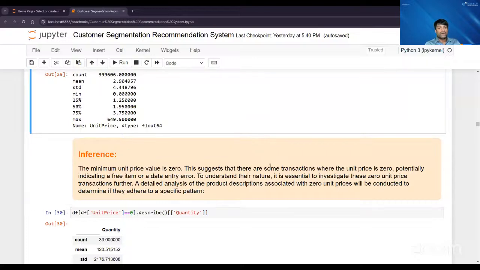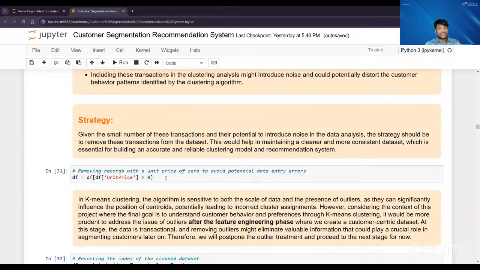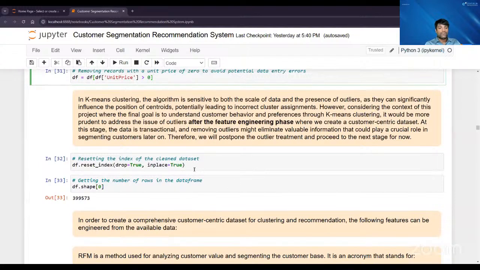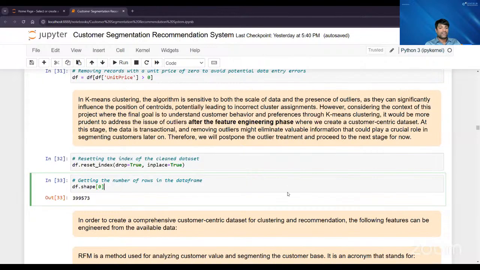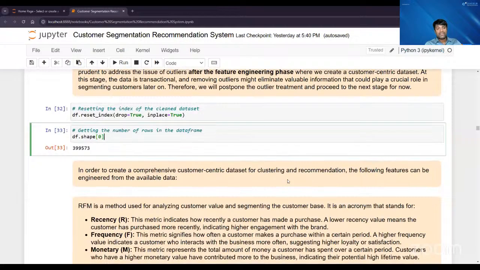So we try to handle that, and we strategized to keep the products which have a price greater than zero. So we dropped the unit prices which are less than or equal to zero. So we handled that, and I think till there we have actually stopped.